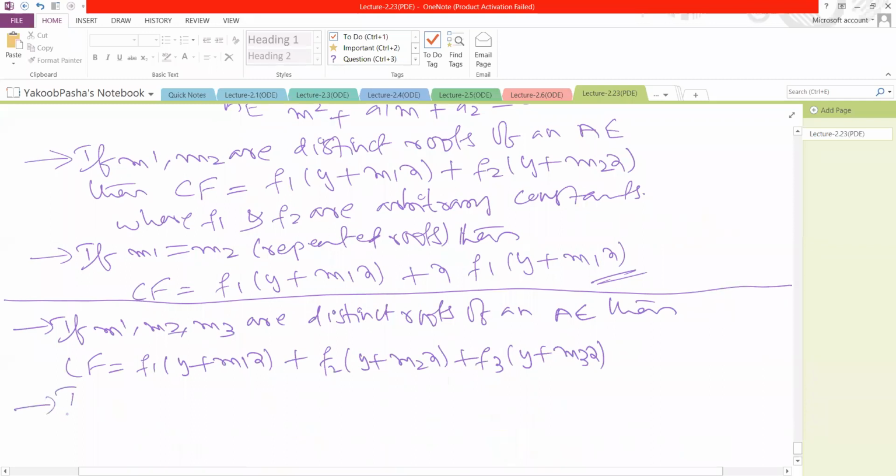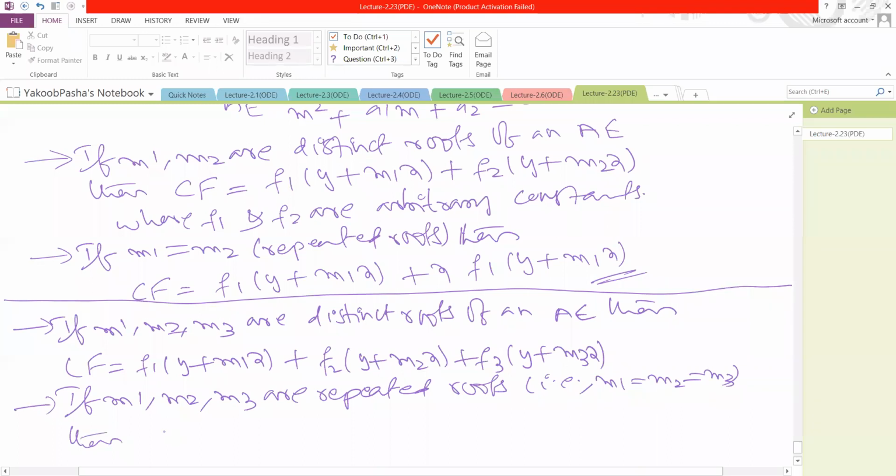If m1, m2, m3 are repeated roots, that is m1 is equal to m2 is equal to m3, then the complementary function CF is equal to f1 of y plus m1x plus x into f1 of y plus m1x plus x square into f1 of y plus m1x.